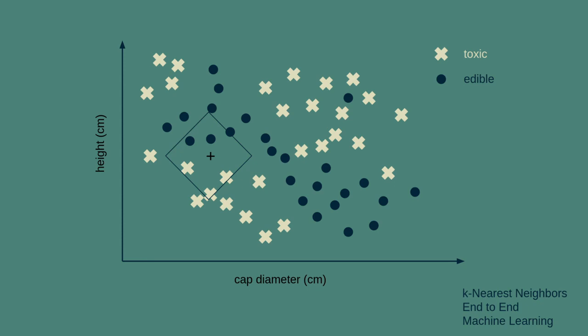But that's not true for the L1 norm. So if you have a high dimensional space, I really like the L1 norm for a distance. So this is something to consider when you're using k-nearest neighbors.